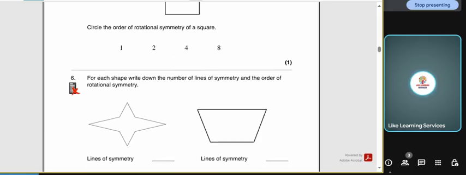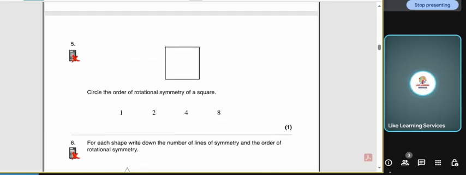All right, let's see. Now, rotational symmetry. You know what rotational symmetry is? If you're going to turn this thing 360 degrees, how many times will it look the same? 4. In fact, one way you can know that is the number of sides if it's a regular polygon.